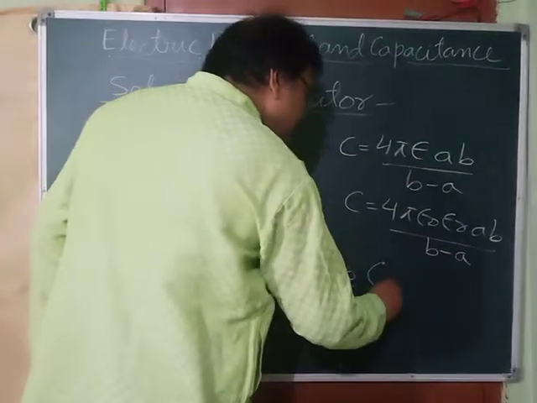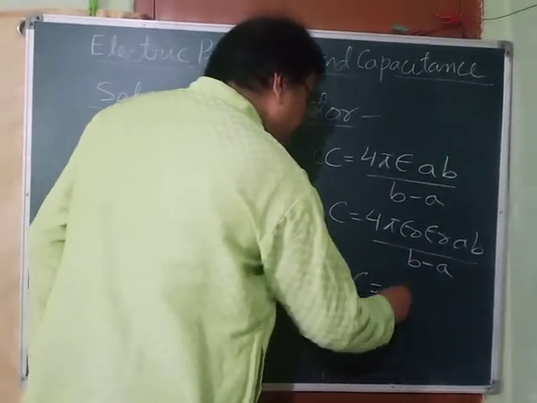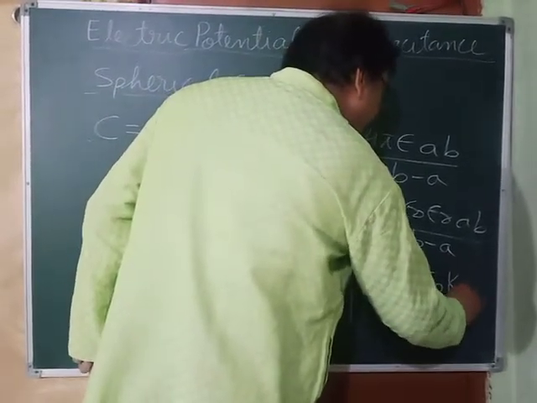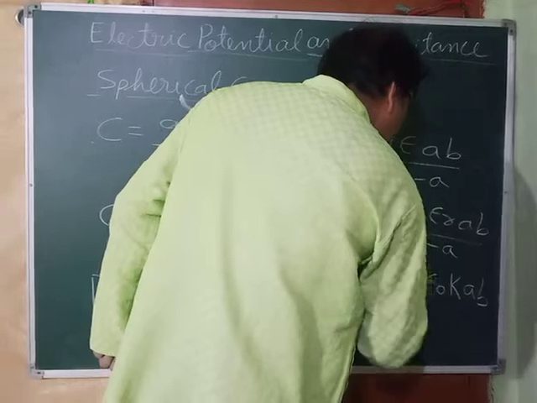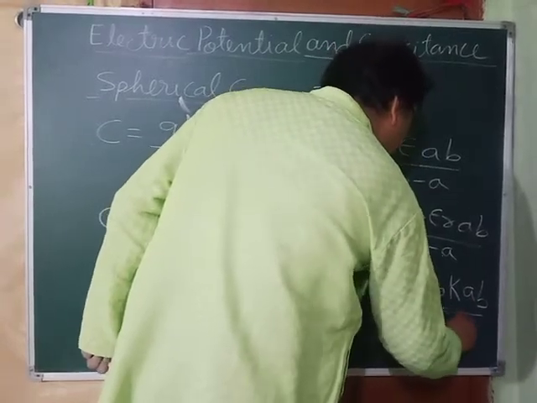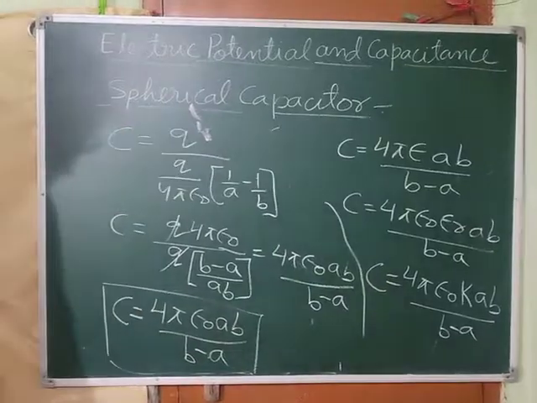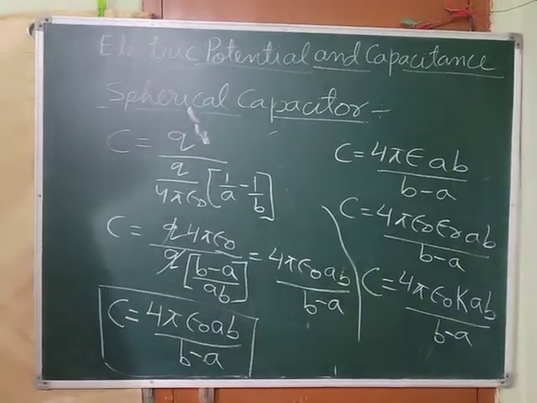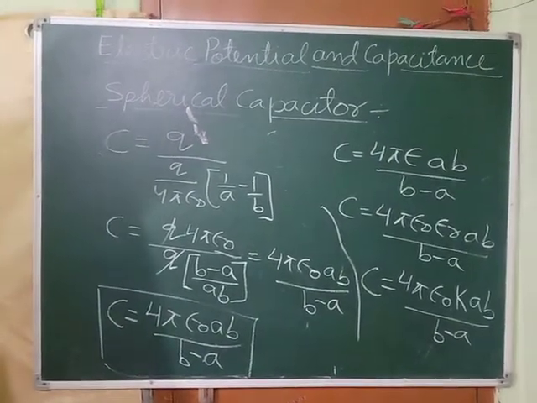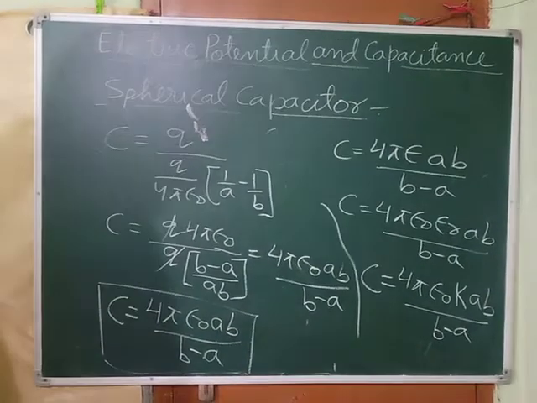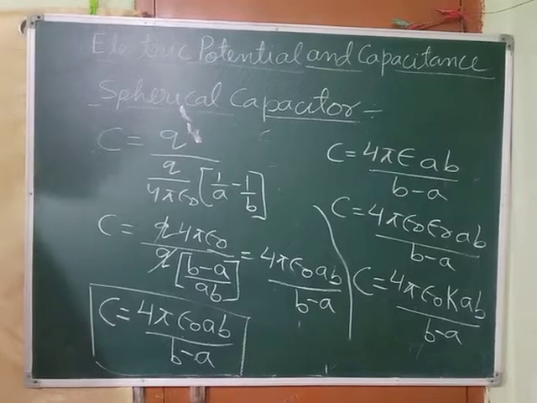Also you can write it in terms of the dielectric constant: 4 pi epsilon naught K AB upon B minus A. In this way you can get the expression for a spherical capacitor when the medium is other than free space. Got it?